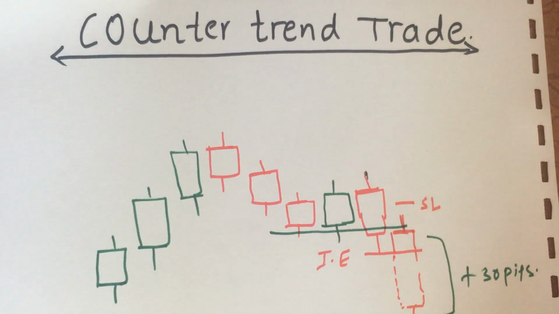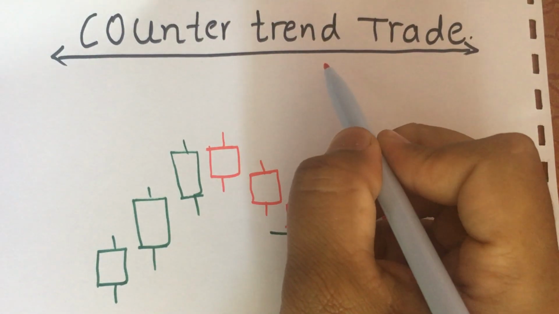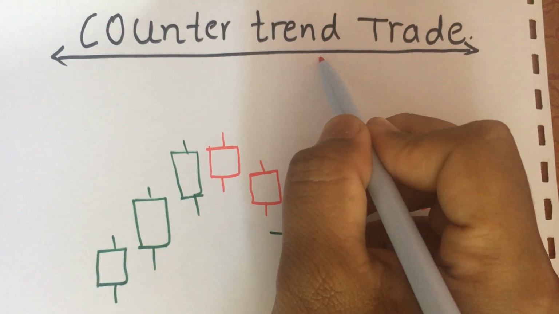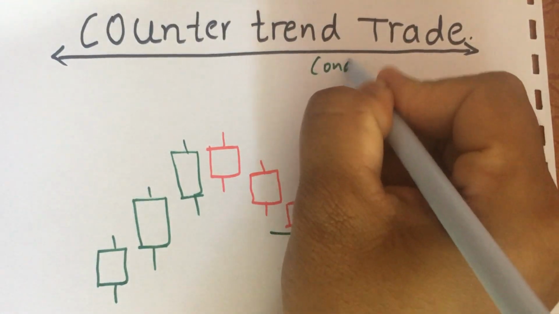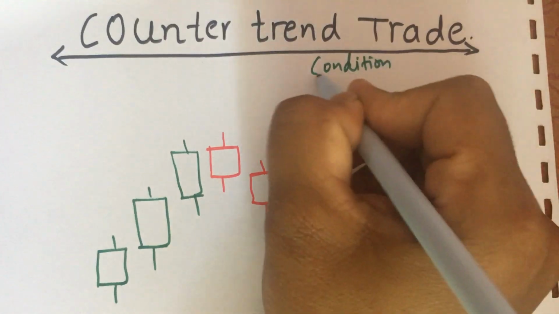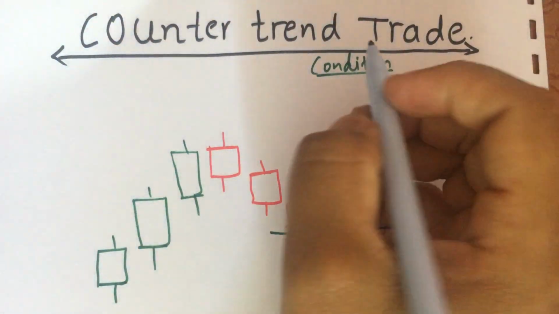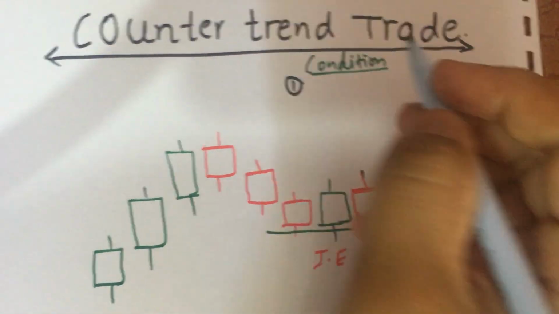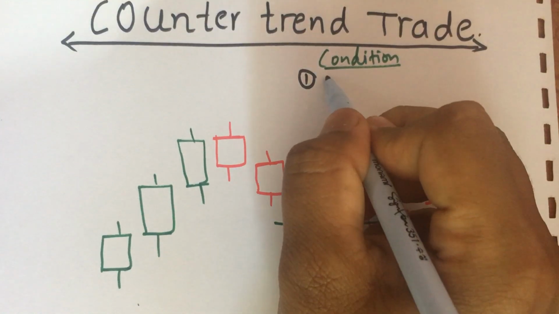So in order to trade the counter trend setups, let's say I'm talking about the conditions. Condition number one, what you can expect is, you need to have a trend that should be up.